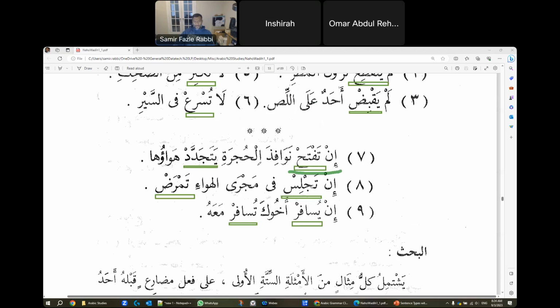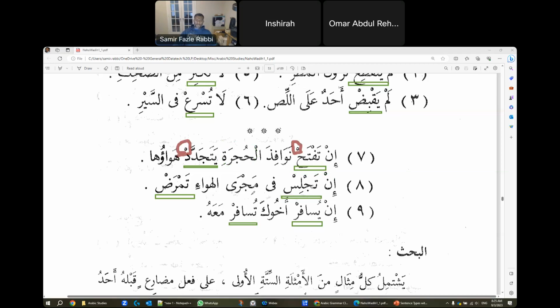I'm not sure what حجرتي actually means here, I think it means like the building. Nawafidh means windows, so if you open windows, then the air will be refreshed or renewed. So in this particular case, the first one is majzum, and the second one too.